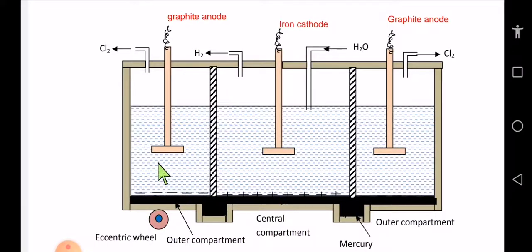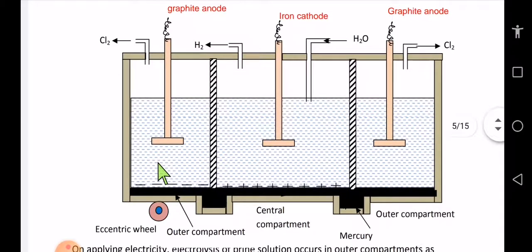the brine solution in the outer compartment, that is NaCl, gets ionized into Na plus and Cl minus ions.